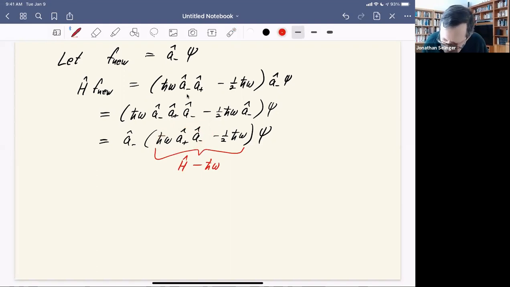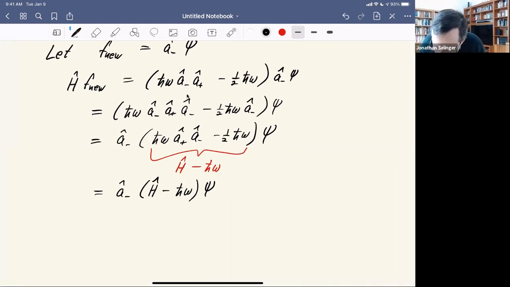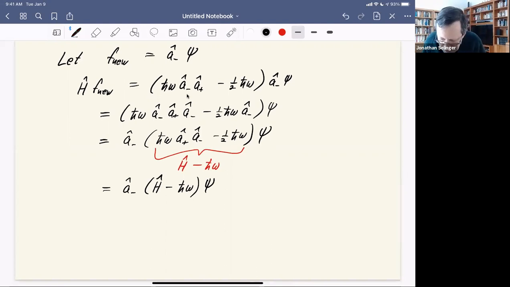So this now becomes A minus acting on Hamiltonian minus h bar omega acting on psi. But we know that the Hamiltonian acting on psi is E psi. That's our assumption.